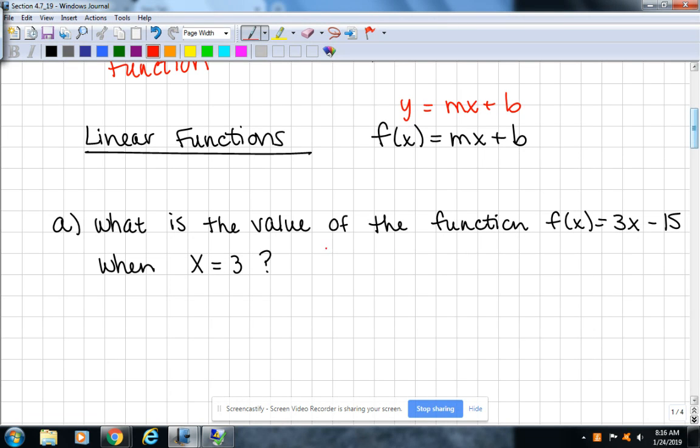Everywhere there's an x, you're going to put a 3. So f of 3, that means the function when x equals 3, equals 3 times 3, since we're plugging in 3 for x, minus 5.